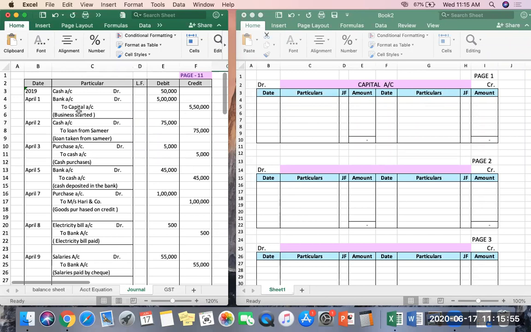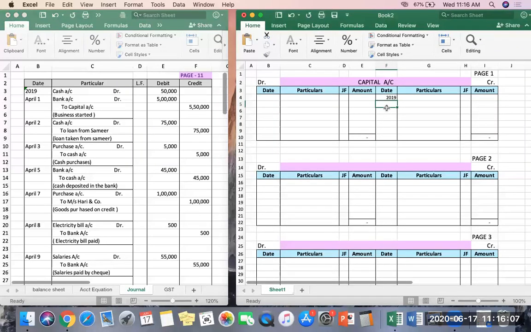We always write the name of the opposite entries. So here, first of all, I write the date here, 2019, and here it is April 1.